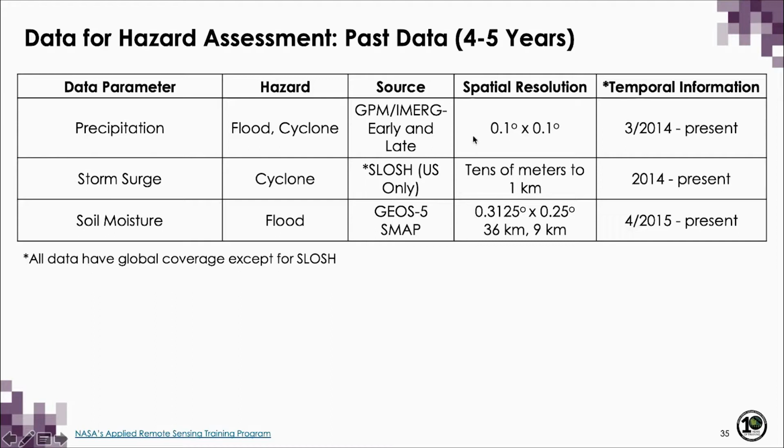Here you can see that resolution varies from 9 kilometers, 36 kilometers, all the way to 1/10 of a degree, 0.3 by 0.25 degrees. But they have good temporal coverage, and other than SLOSH, all these data are global in extent.